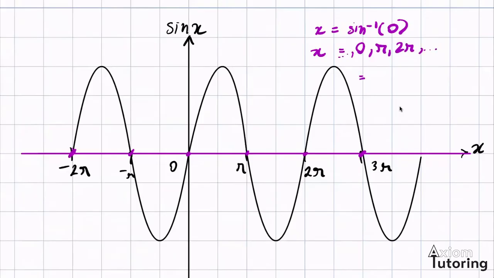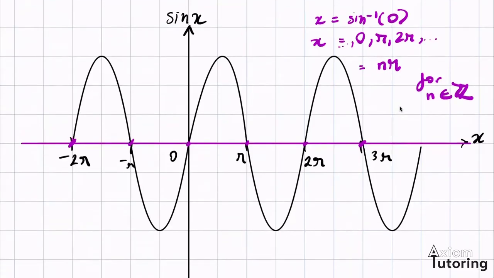Well, then x can be any integer multiple of pi. And that will give us sine x equal to 0. And I'll write here n pi, for n any integer value there. Okay, so that's the general solution to sine x equals 0.